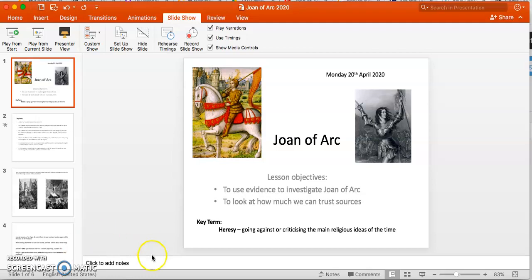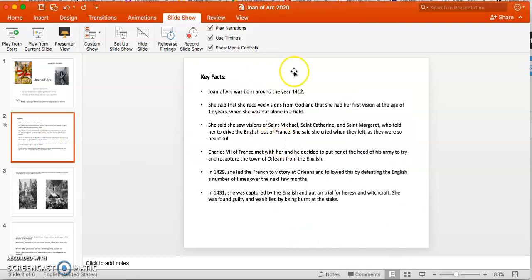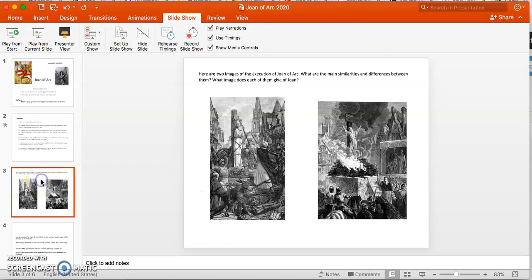So, what we're going to do is obviously the front page, you can see that. Here's just some key facts about Joan of Arc, about when she was born, and actually, by the time she was your age, she was pretty much leading battles. Now, the third slide, two images of the execution of Joan of Arc, and what I'm going to want you to do is to try and compare them.